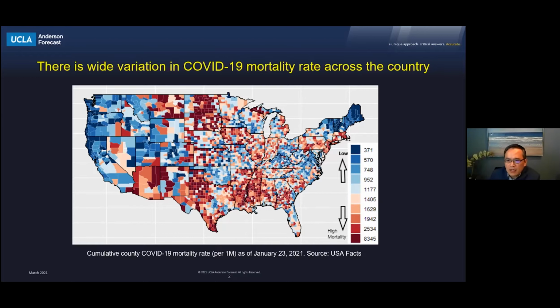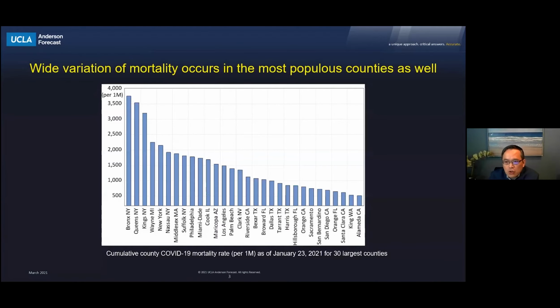Some might say that this wide variation is driven by some small counties with very few population, so it might not be representative. So in this chart, I show you the mortality rate for the 30 largest counties in the United States. On the left, we can see that the county with the highest mortality rate is Bronx County in New York, with 3,800 deaths per 1 million population, followed by Queens and Kings counties in New York.